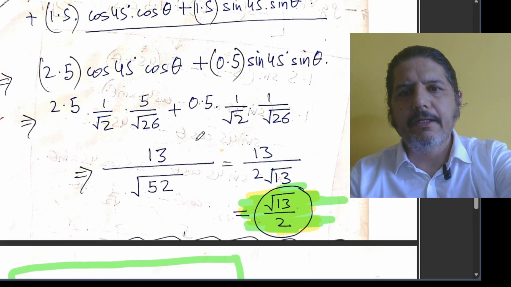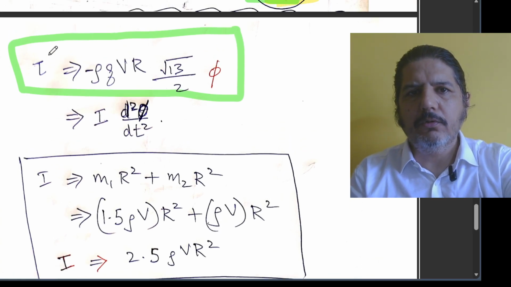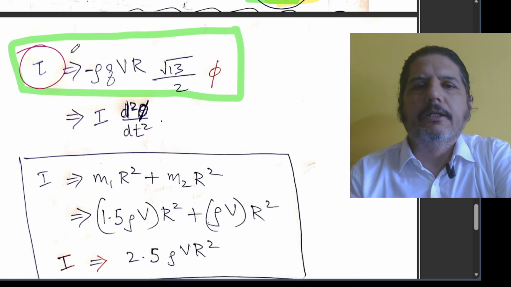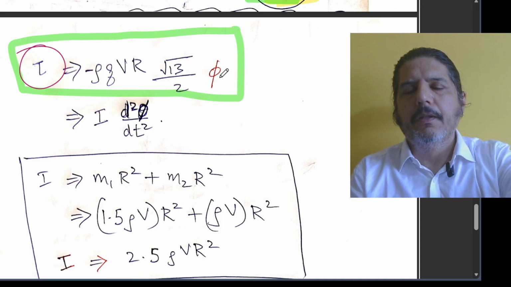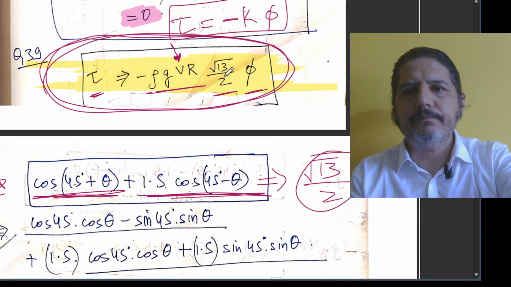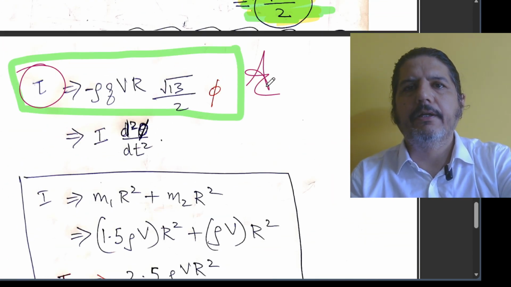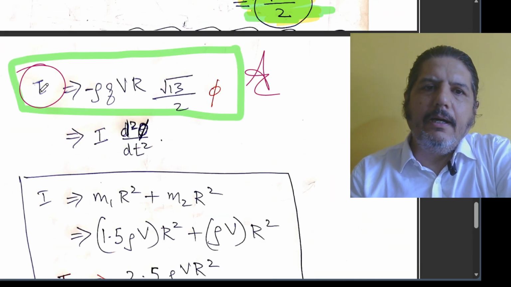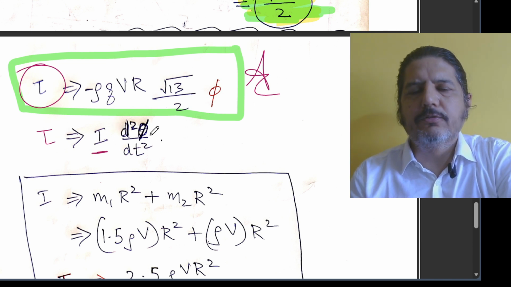The first thing: this is the tau, the restoring torque that I have arrived at, minus rho g V R root 13 upon 2 phi. This is what I have arrived at till now. Now I'll write my restoring torque in terms of the moment of inertia, I d square phi by dt square.